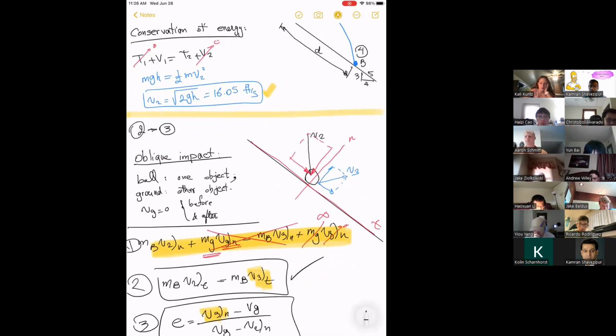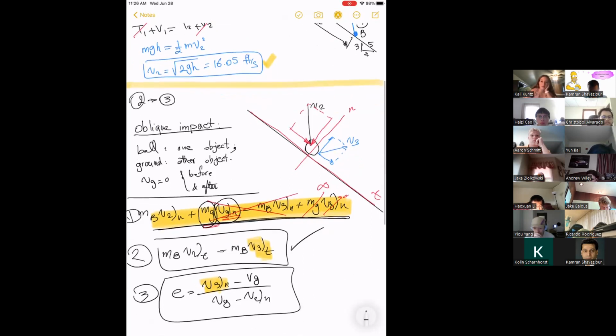So you don't have to find the velocity of the ground after the impact, it is already known. It allows you to lose one equation. That equation, as I mentioned, is conservation of linear momentum for the entire system, because while the velocity of the ground is 0, at the same time the mass of the ground, which is technically Earth, is infinity, so you can't solve this. So we're going to get rid of this equation.